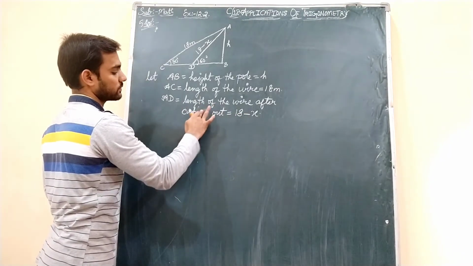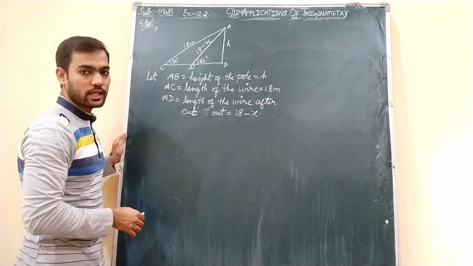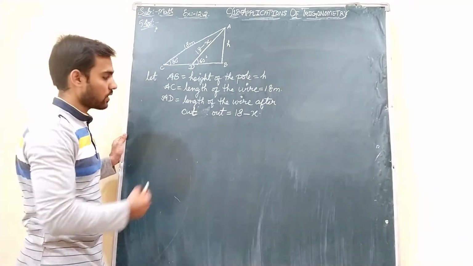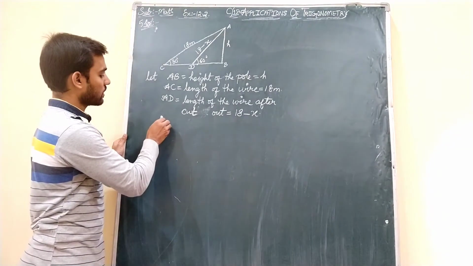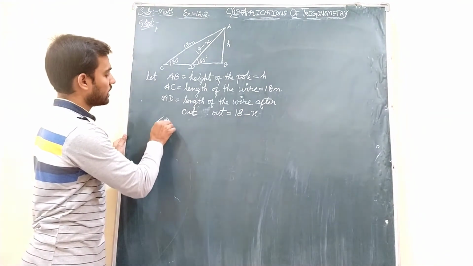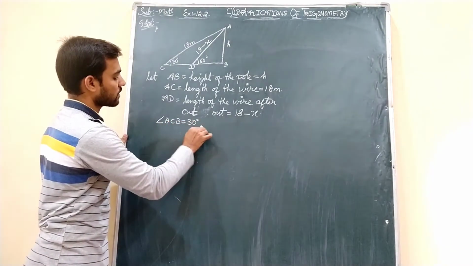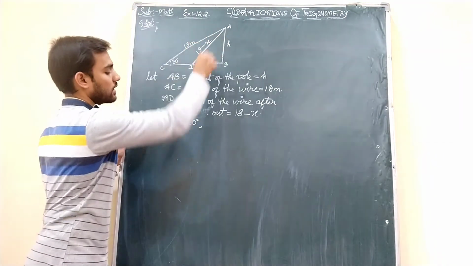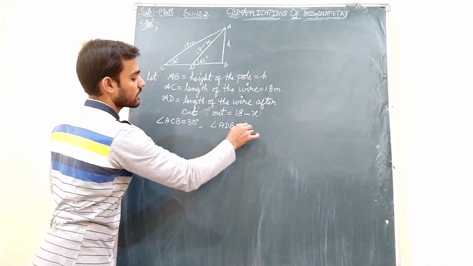Okay, length of the wire after cut out is 18 minus x. Now angles. Angle ACB is 30 degrees for the bigger triangle, and for the smaller triangle, angle ADB is 60 degrees.